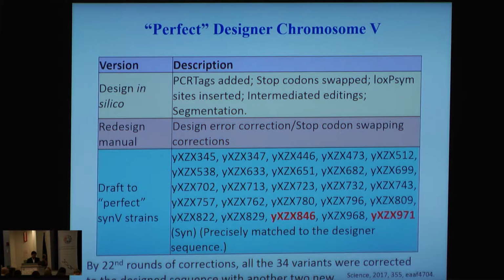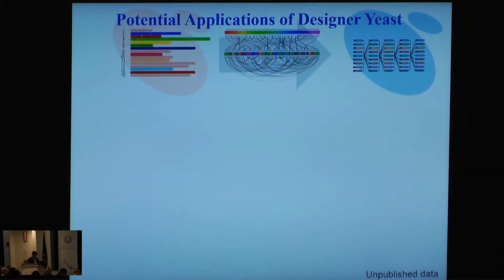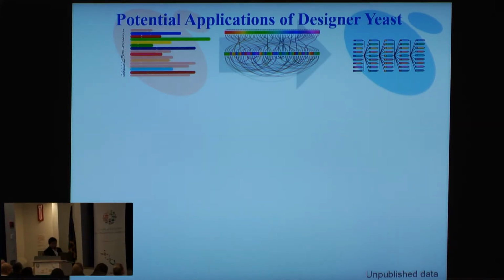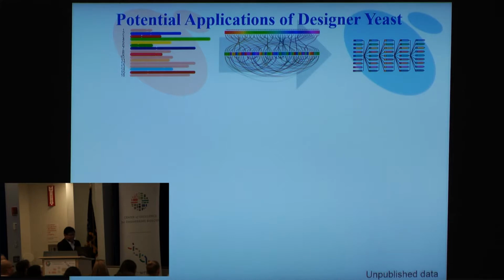And next, I would like to introduce the potential applications of this designer chromosome. Up to now, 1/3 of the chromosomes were designed and chemically synthesized. Because this is a scramble synthesis, as introduced by Professor Dai, it can produce a lot of different combinations.